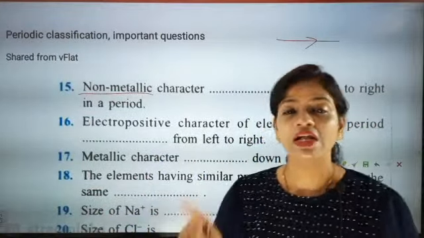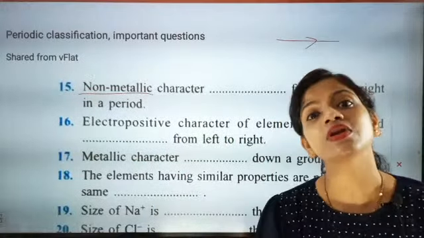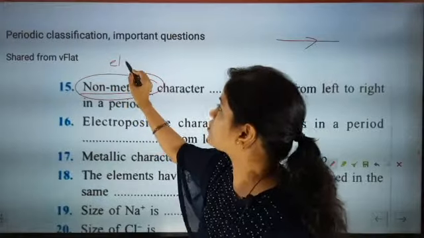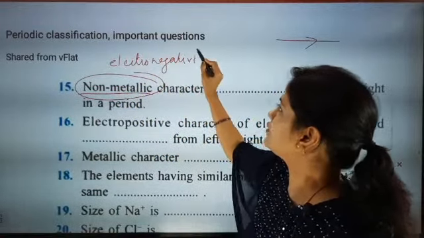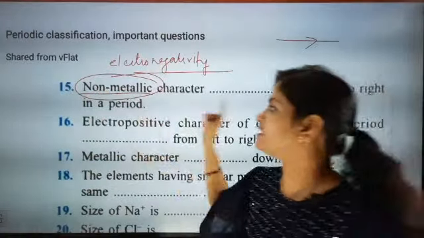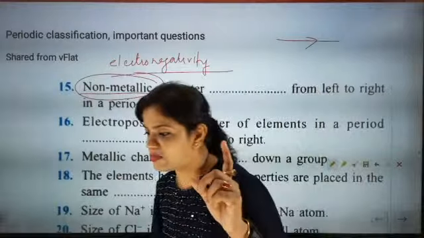That is, electropositivity decreases and electronegativity increases. So connect this with electronegativity. It's a very important point: electronegativity and non-metallic character increase on going from left to right in the periodic table.